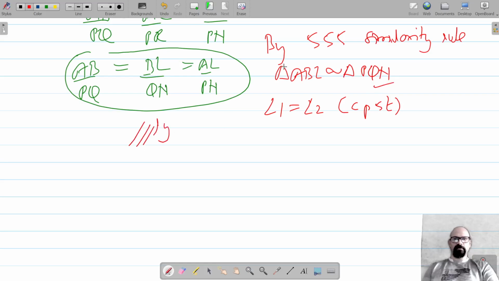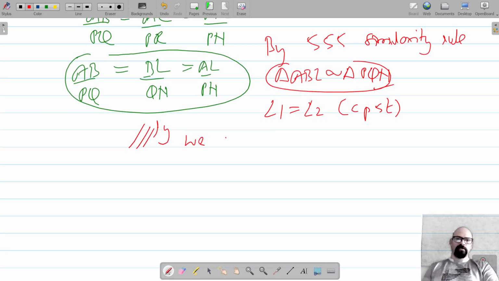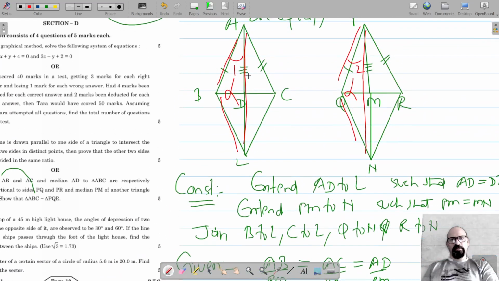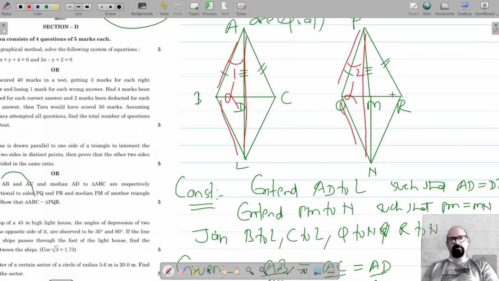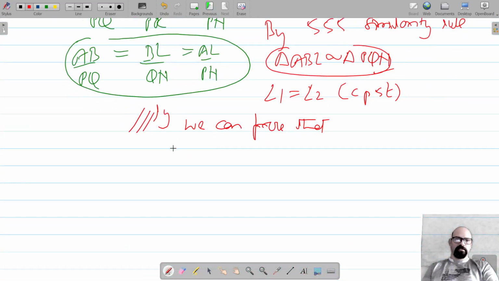Similarly, just like we have proved triangle ABL is similar to triangle PQN, we can prove that triangle ACL is similar to triangle PRN.